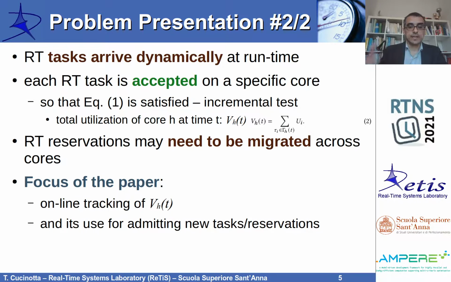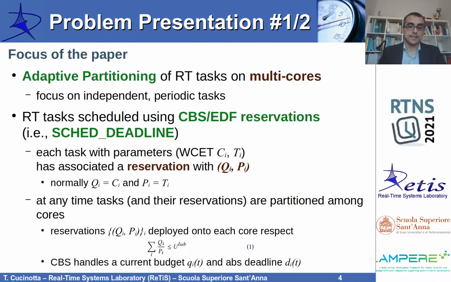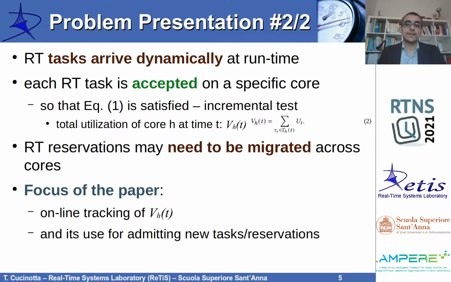If we want to use one like the one in equation 1, the Liu and Layland test, then of course we can realize the test incrementally, so that we can keep track at runtime of the function VH of t and its variations over time, and so we may use that information to just check easily when a task has to be admitted on the new CPU. Now, the focus of this paper is exactly how we do this online tracking of VH of t, and how we can use it for admitting new tasks and new reservations.